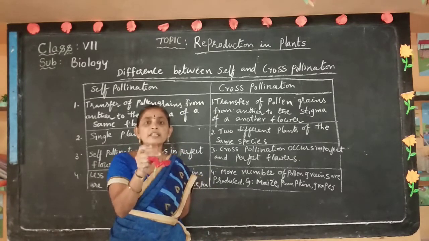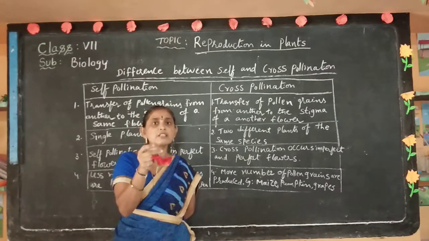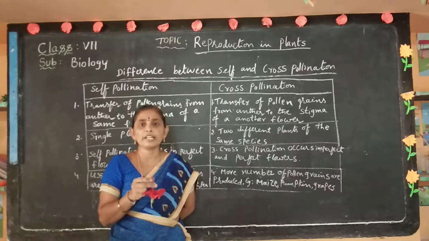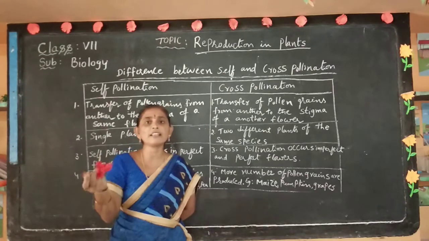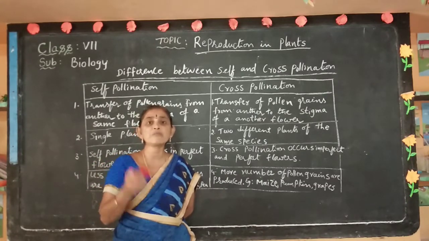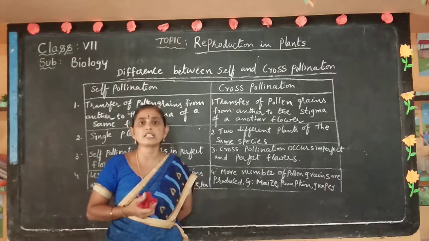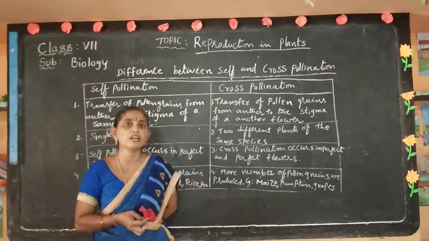The transfer of pollen grains from the anther to the stigma of another flower of the same species is known as cross-pollination. Last class we discussed pollination.